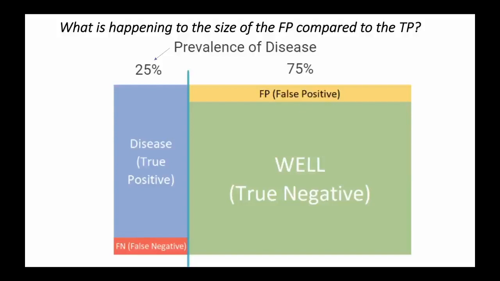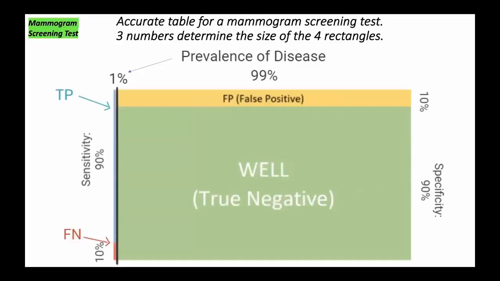The assumption was that the prevalence of disease for screening purposes is 1%. So I'm not dealing with a sick patient. I'm not dealing with a woman that has a breast lump. I'm dealing with a woman that thinks her breasts are fine and that there's no problem whatsoever. So that's 1%.